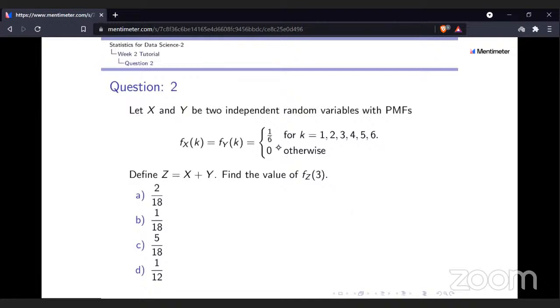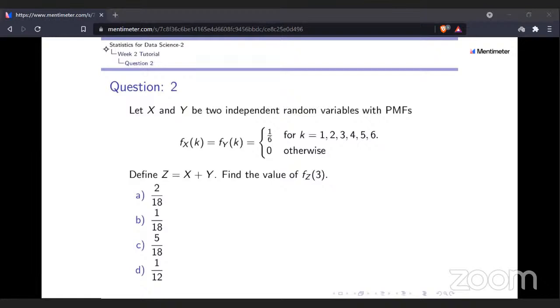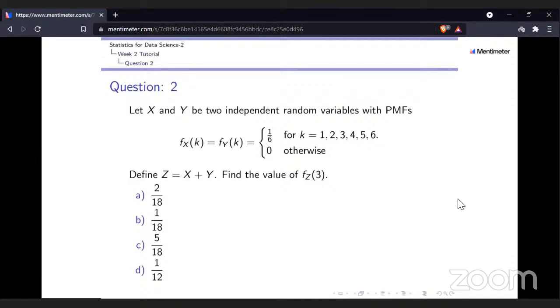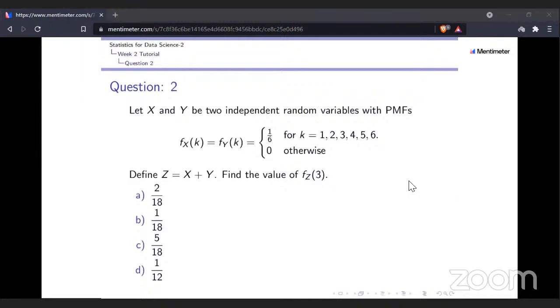So I will wait for some time, then we'll discuss the solution. The voting is not available.